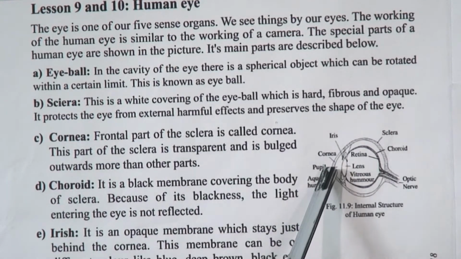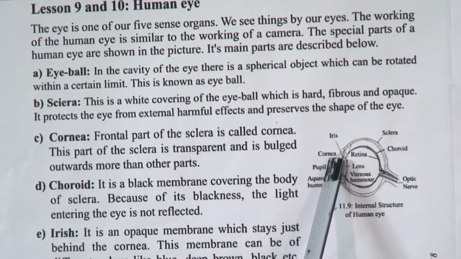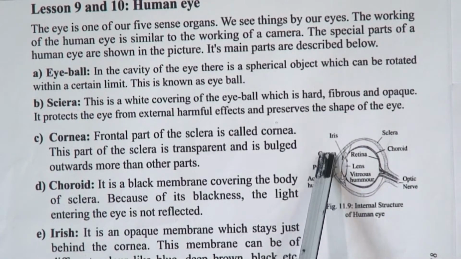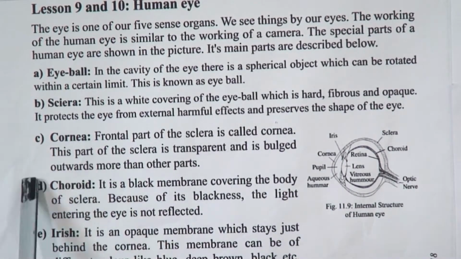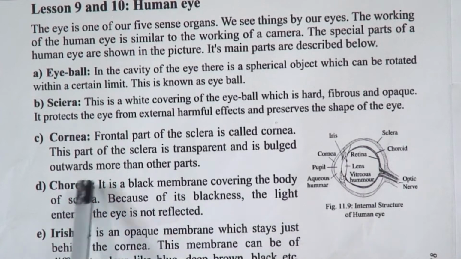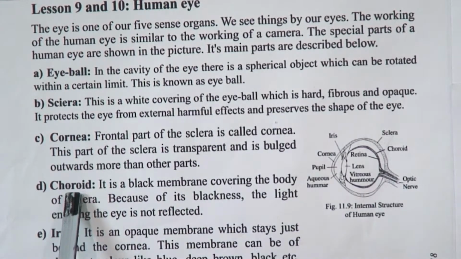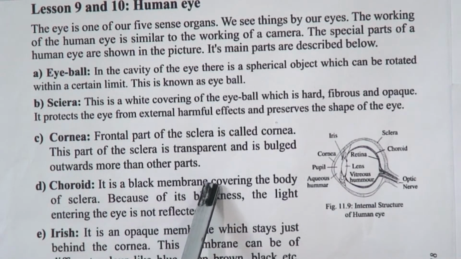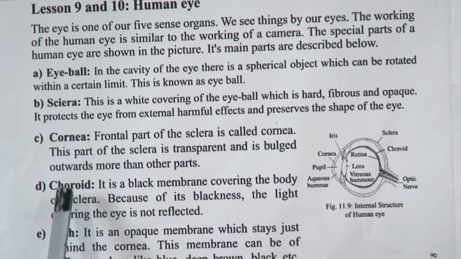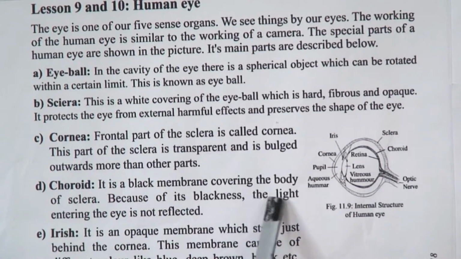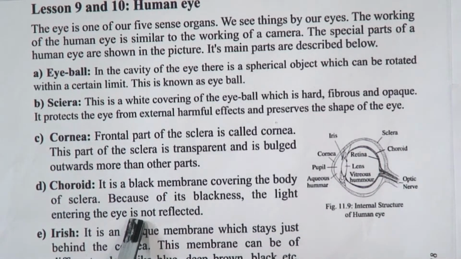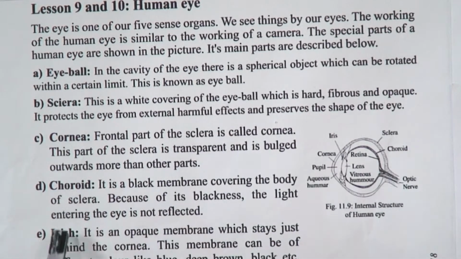Look at the picture, the cornea is the bulge, it comes outside slightly, that's why it is called bulged outwards more than other parts. Next part is the choroid. It is a black membrane covering the body of the sclera. Because of the blackness, the light entering the eye is not reflected.